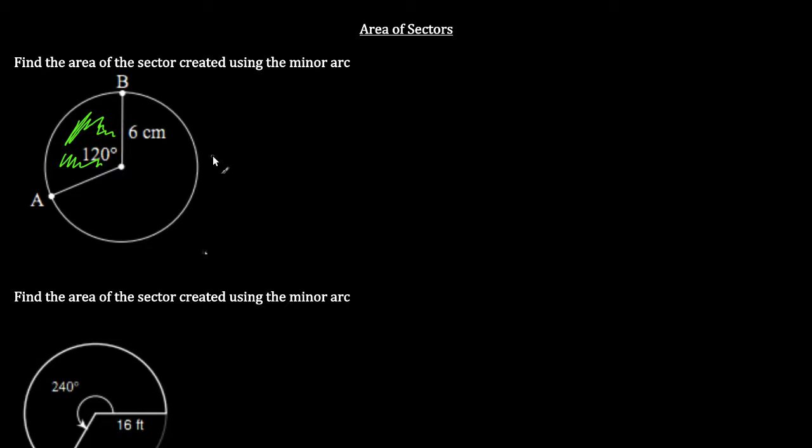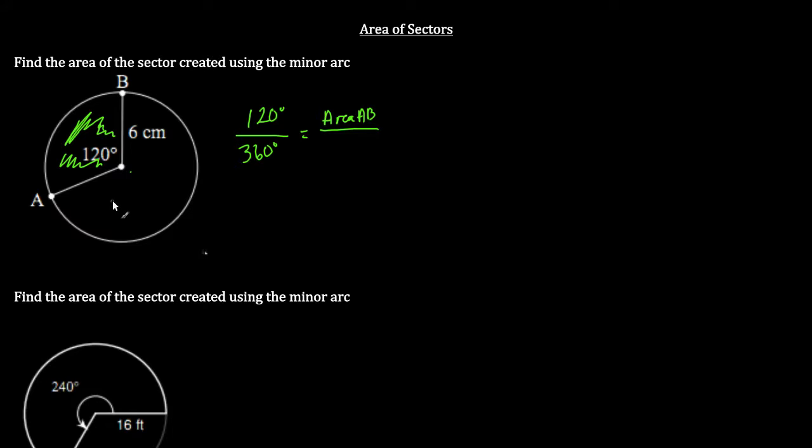So we know that if we take this angle right here, 120 degrees, that ratio there should be proportional to the area of that section, this area right here, to the entire area.